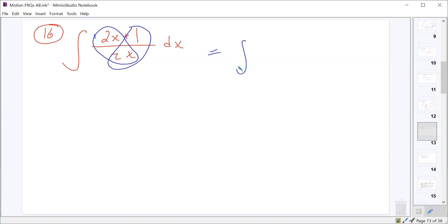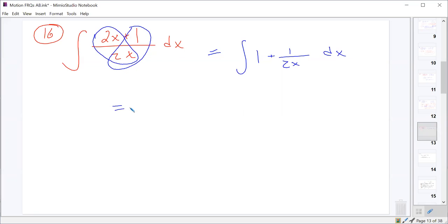So 2x over 2x is 1, and 1 over 2x is 1/2 of 1 over x, or just 1 over 2x. So this integral should be the same as this. Does that make sense?